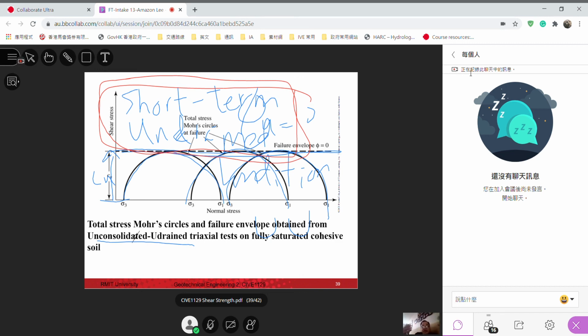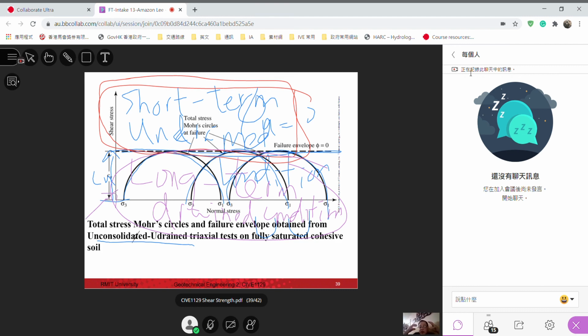So usually in geotechnical work, we will test both cases, short-term undrained condition and long-term drained condition.